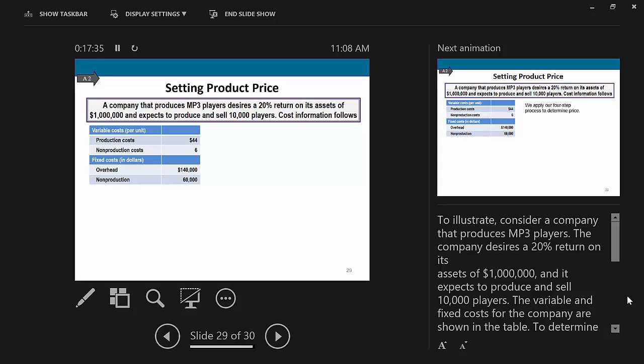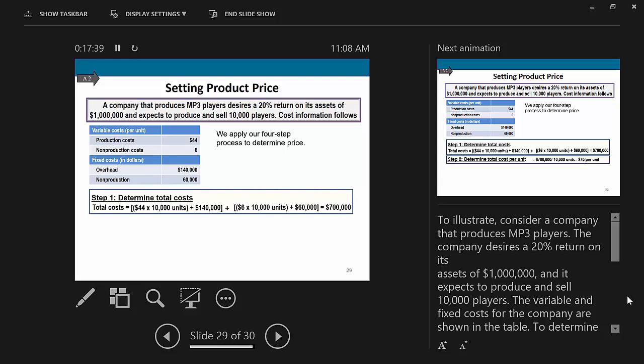Okay. So now they take the production cost, which is the $44, plus the non-production cost, which is the $6. And then we pick up what? Pick up the overhead, the fixed cost, okay?